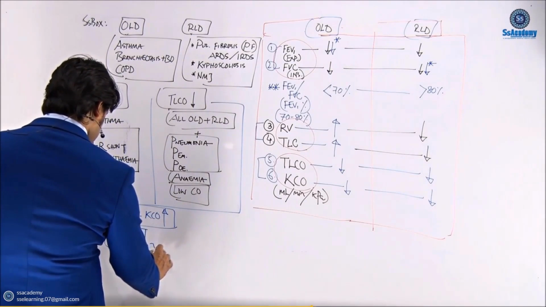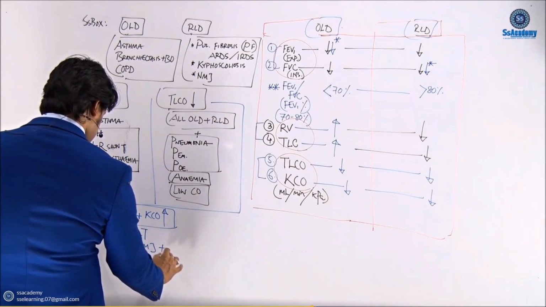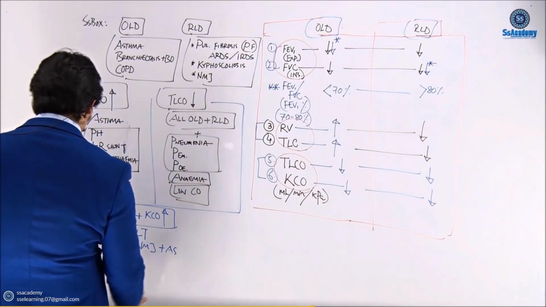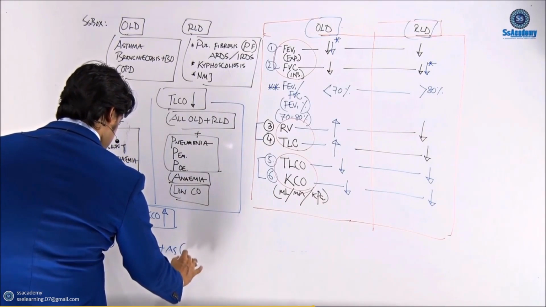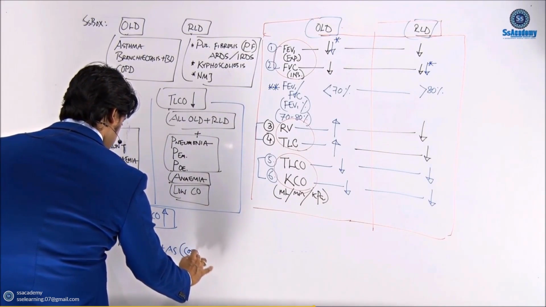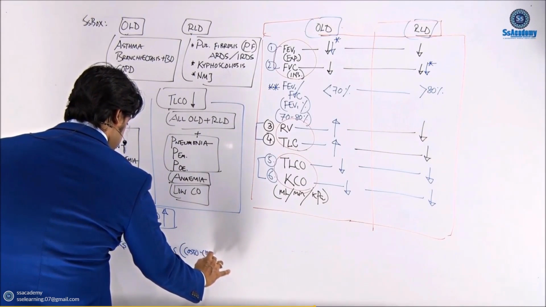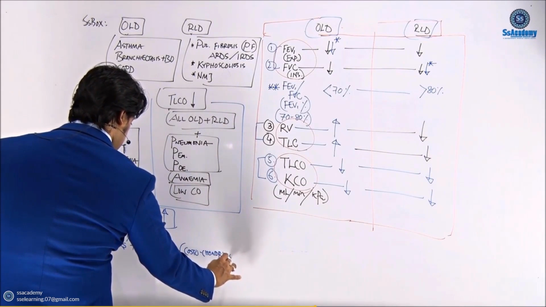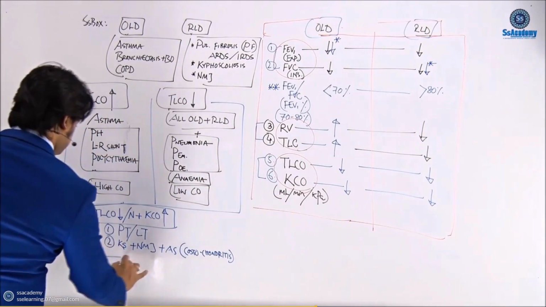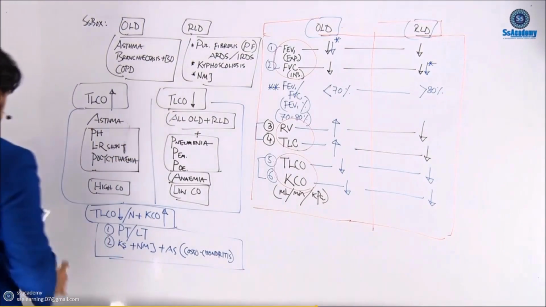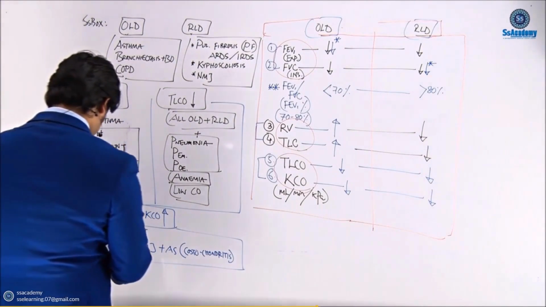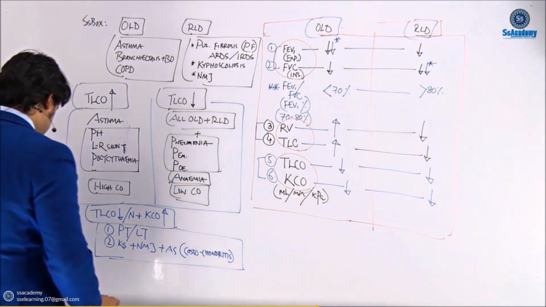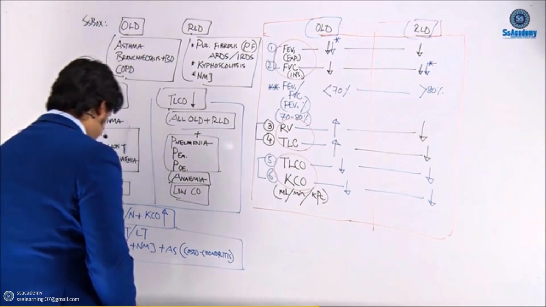And along with the kyphoscoliosis means the ankylosing spondylitis involving the costochondritis. This box, all right. So that I can discuss a little bit more, my dear.